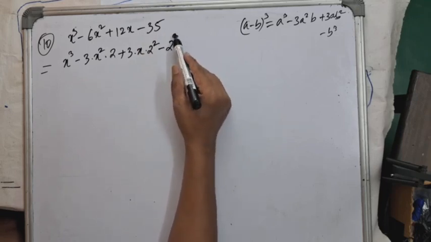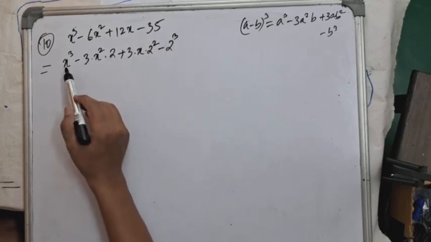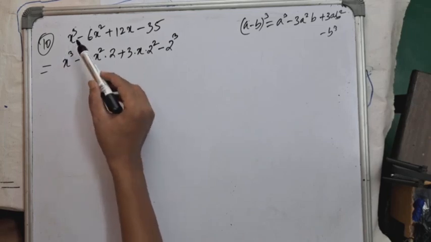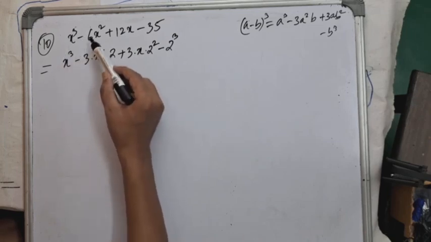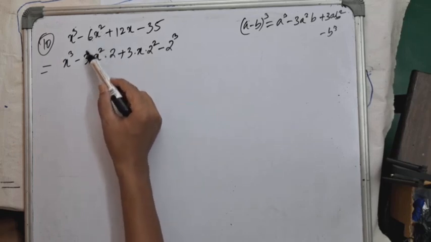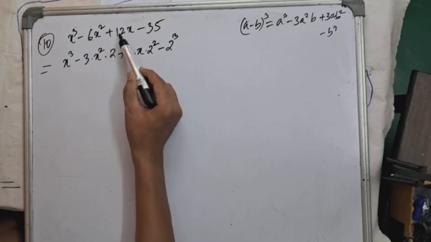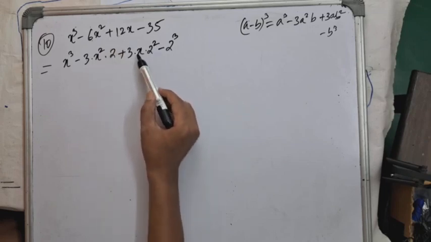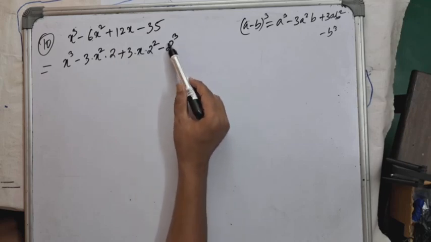But we have added this minus 2 cube. Let's check again. x cube, we have here x cube, minus 6x square, so 3 2s are 6x square, the same number is here, plus 12x, so 2 square is 4, 4 3s are 12x. Now we added minus 2 cube.